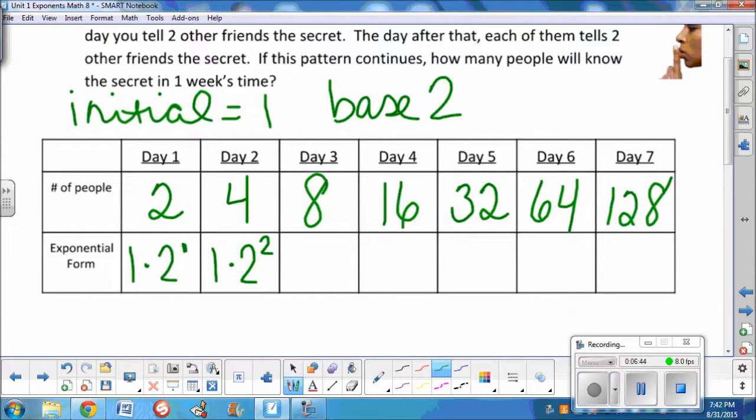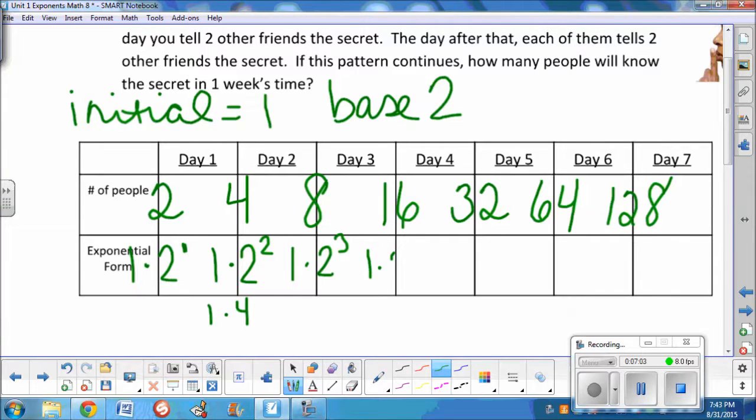So if you think about what 1 times 2 to the second, that means 1 times 4, which is 4. Day 3, how many people knew it? To start with, 1 times, now 2, how many days have gone by? To the third power. 2 to the third is 8. 1 times 2 to the fourth power.